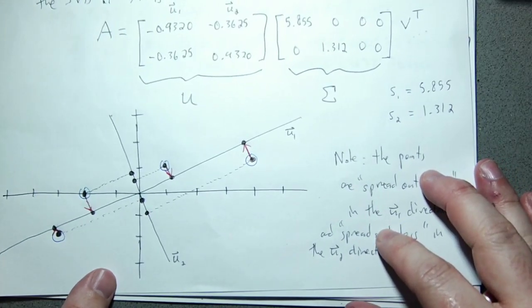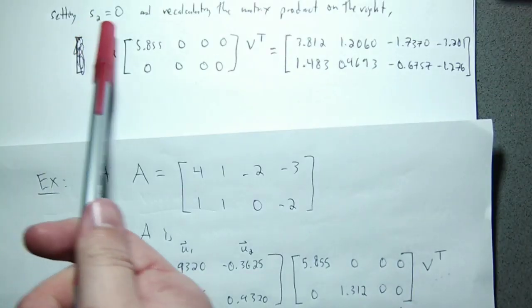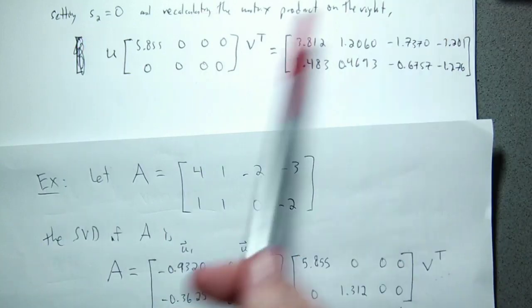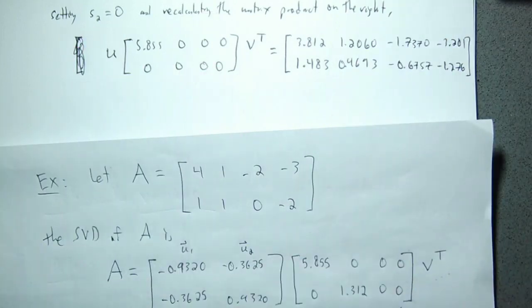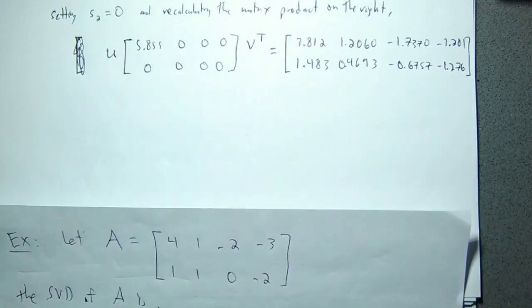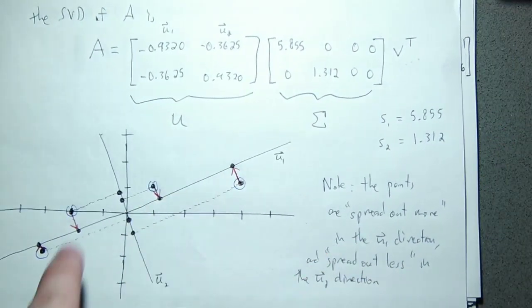Going back, I set my second singular value to 0, so I change this to 0 here. If I recompute this altered matrix product and plot those columns as data points, what I get is my original data points, except now they've been projected onto U sub 1.